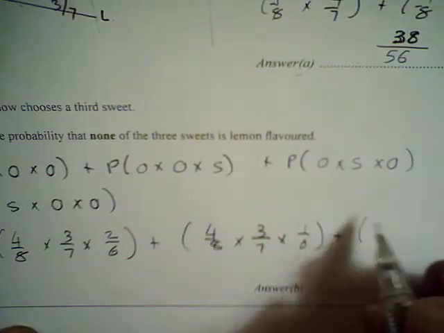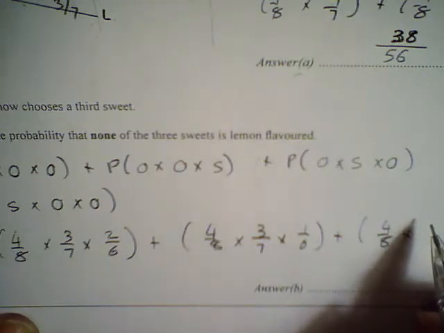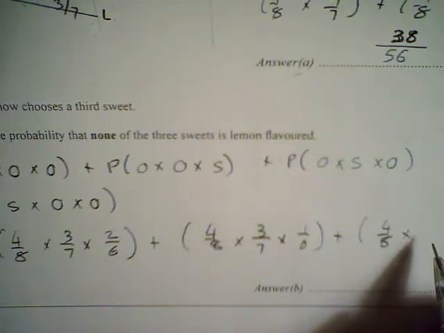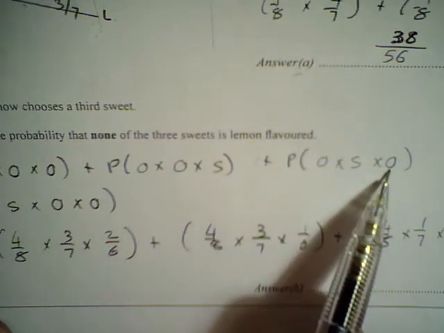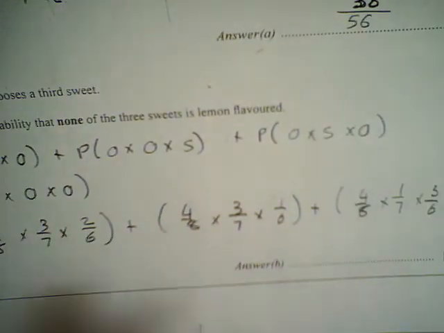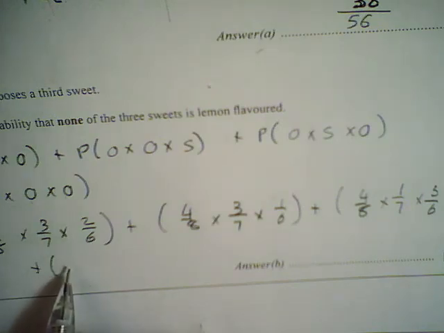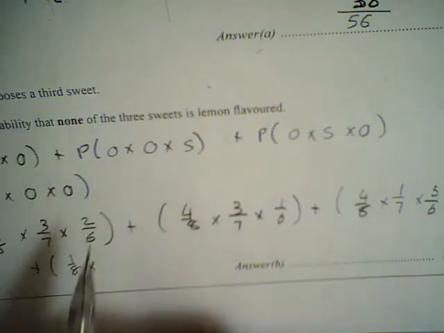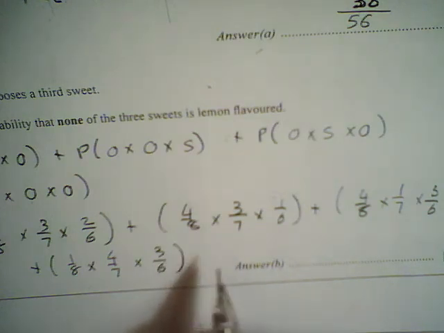Plus orange 4/8, strawberry 1/7, then we want orange, so that would be 3/6. And then the last one, plus strawberry 1/8 times orange 4/7 times orange, that would give me 3/6. Okay, do the calculation.